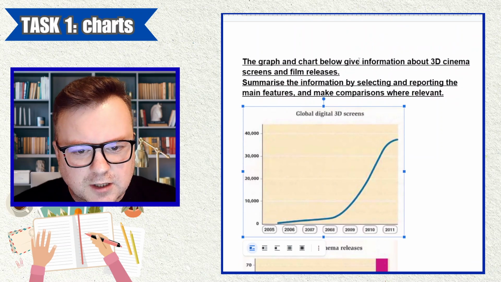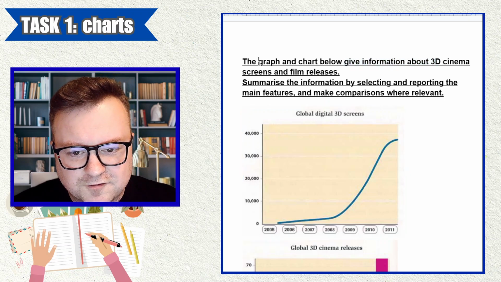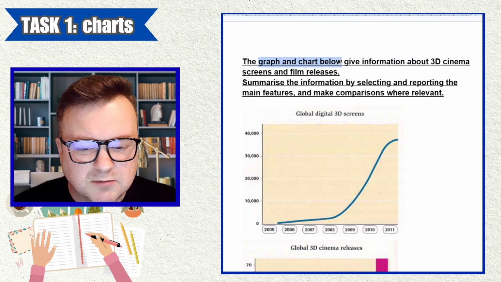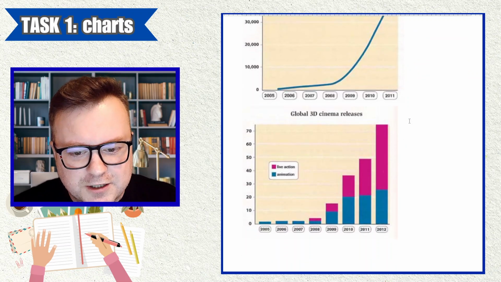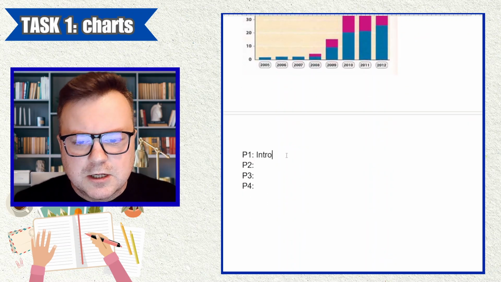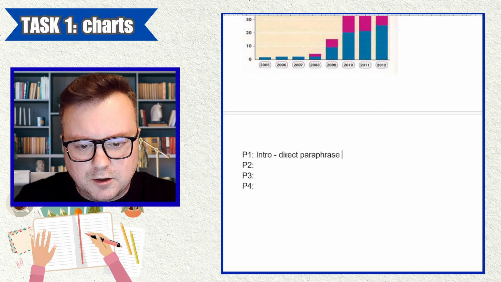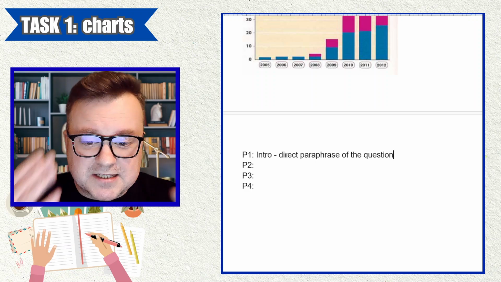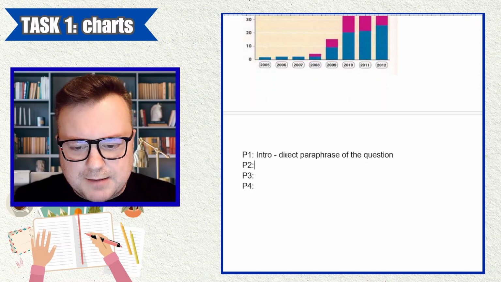Okay, cool. Give information about, just show, fine. Graph and chart below. Okay, infographics. I think I already have my paraphrase. Great. But I'll show you that in a moment. So intro is just going to be a direct paraphrase of the question. I don't need to say in this essay I'm going to. This isn't even an essay, so we don't need to worry about that.